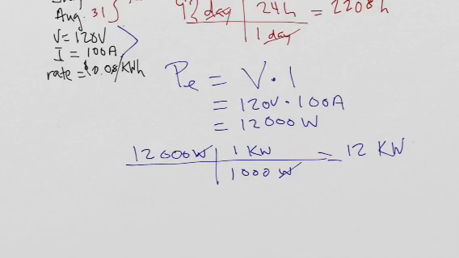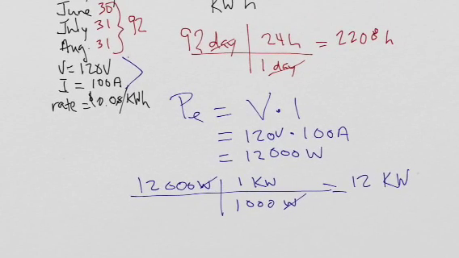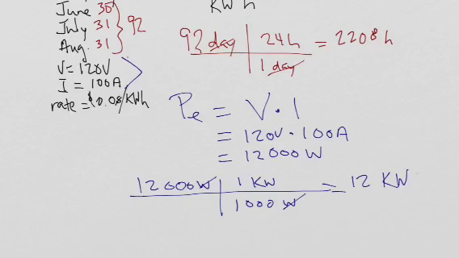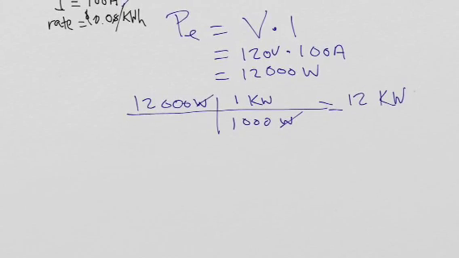Now, do we have our hours and our kilowatts? Yes, we do. We figured out our hours up here, 24 hours a day for 92 days, and we figured out how many kilowatts we actually use. Now we can get our energy. We go back to that formula way at the top. Energy is equal to the electrical power times the time.